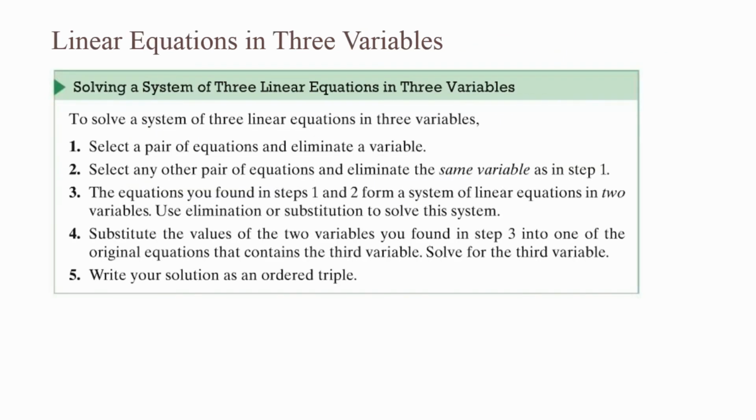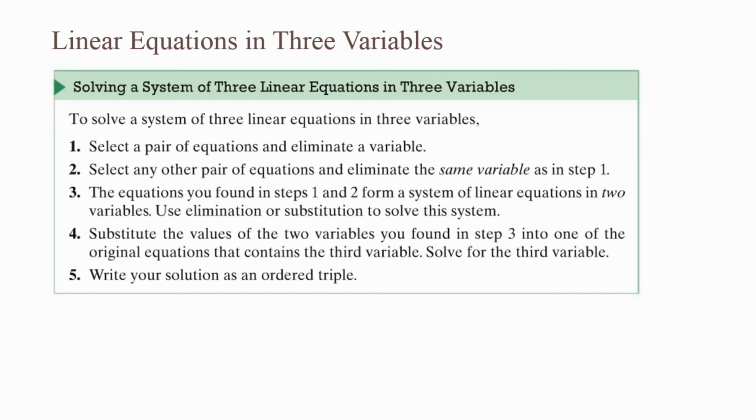Solving a system of three linear equations in three variables. To solve a system of three linear equations in three variables: 1. Select a pair of equations and eliminate a variable. 2. Select any other pair of equations and eliminate the same variable as in step 1. 3.